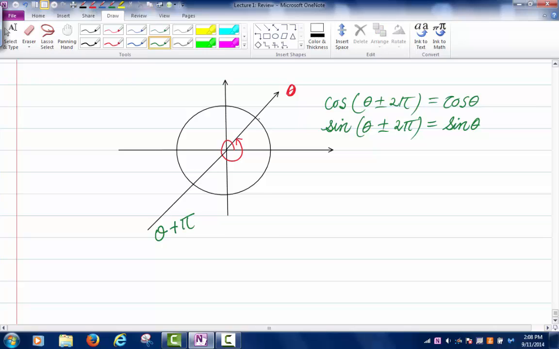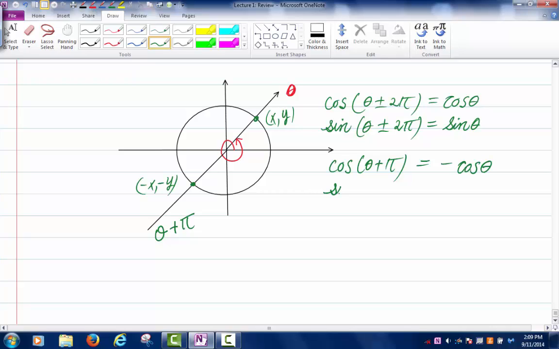So if you know the coordinates of this point are x and y, what do you know about the coordinates of this point? It's negative x, negative y, right? So that tells you cosine of theta plus pi is negative cosine theta.